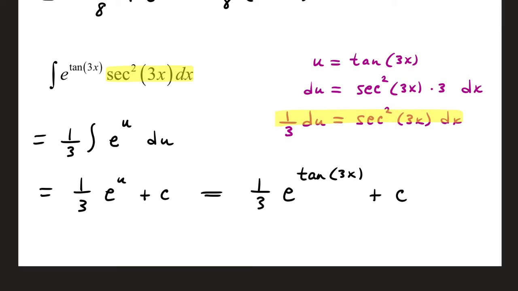So we have an antiderivative of 1/3 e to the u plus our constant of integration, replacing u with tan 3x, gives us 1/3 e to the tangent 3x plus c, and that's our indefinite integral.